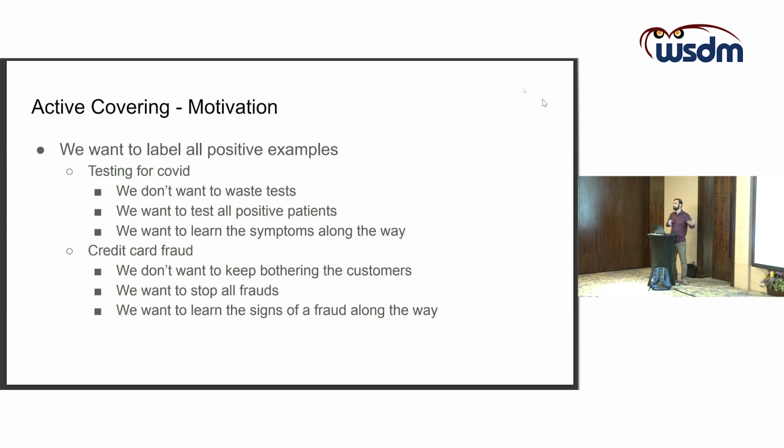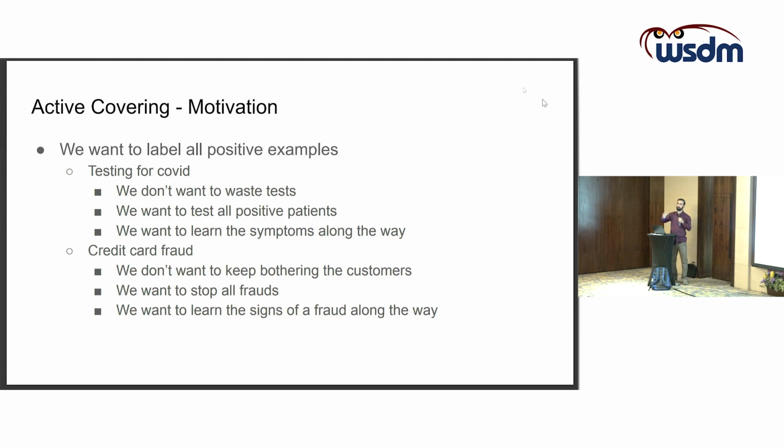The only theoretical difference is that we want to find all the positive examples. In active learning, we just want to learn the model, so we don't care if we are querying 50%, 10% positive, 90% negative.